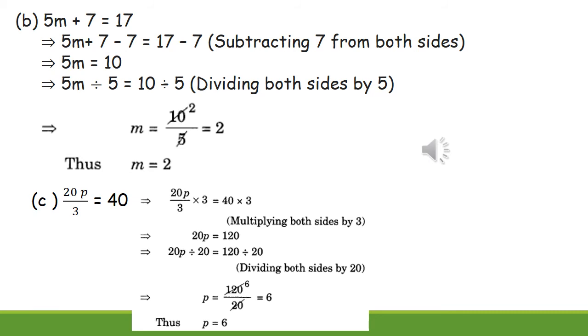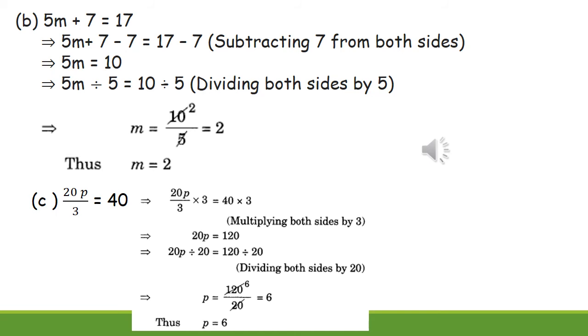Similarly, part C, 20p by 3 is equal to 40. Now we are multiplying 3 on both sides to get rid of 3. So 20p by 3 into 3 is equal to 40 into 3. We are getting 20p is equal to 120 by multiplying 40 into 3.